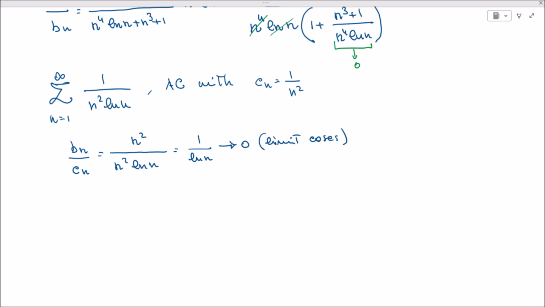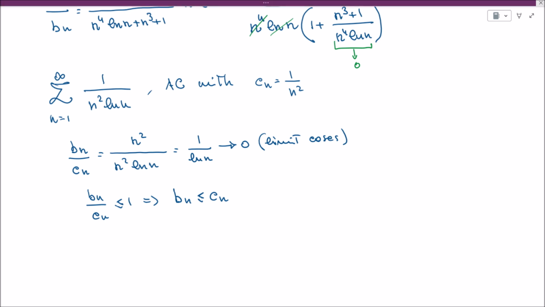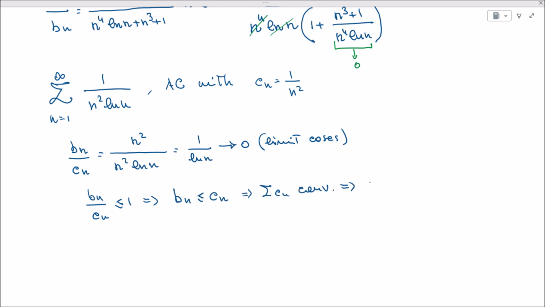Remember that in this situation Bn divided by Cn is definitively less than 1, which implies that Bn is less than or equal to Cn. So if Cn converges, and in fact we know that the sum of Cn converges, this implies that the sum of Bn converges.